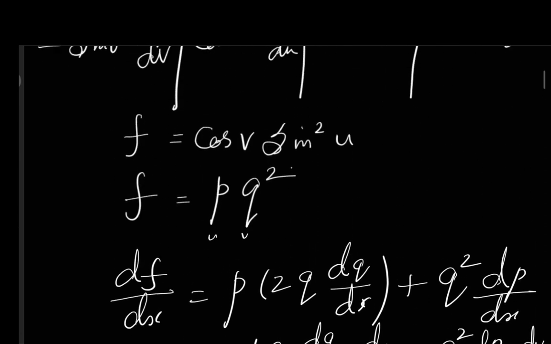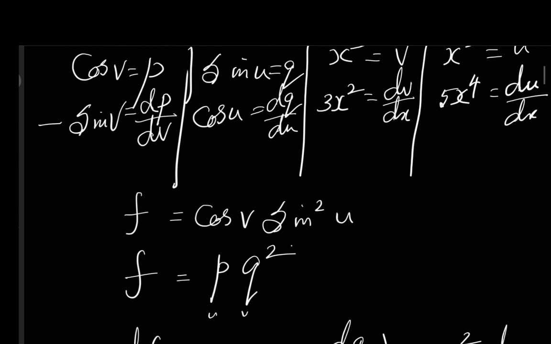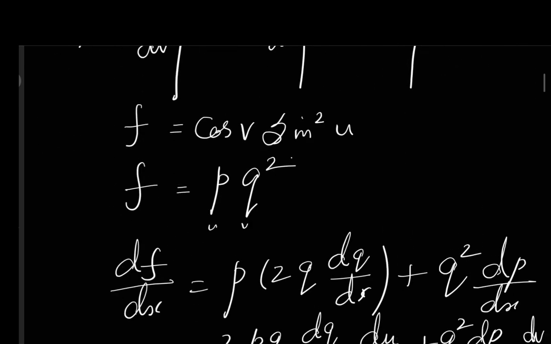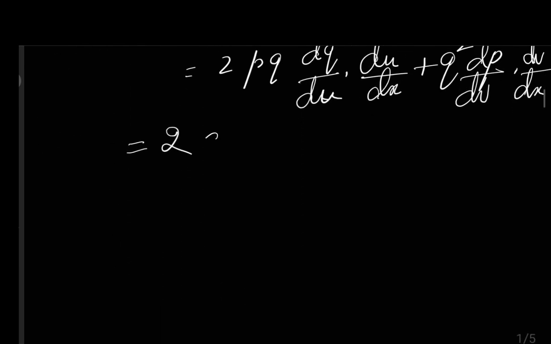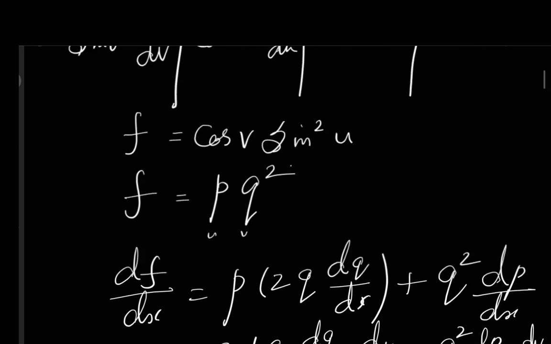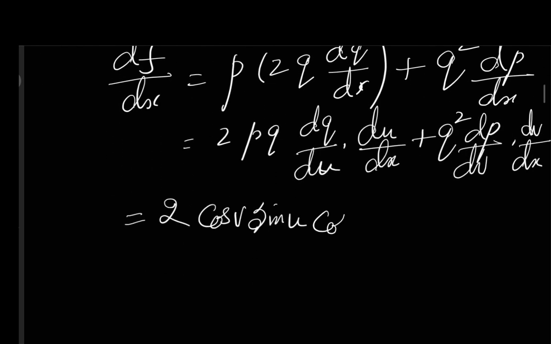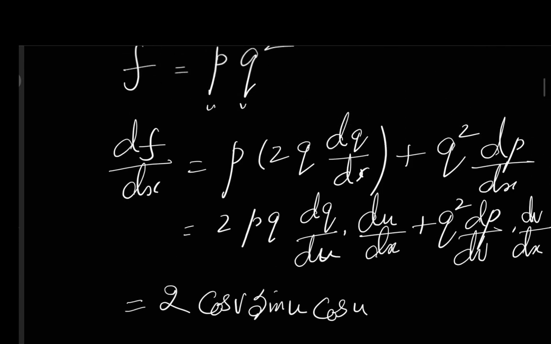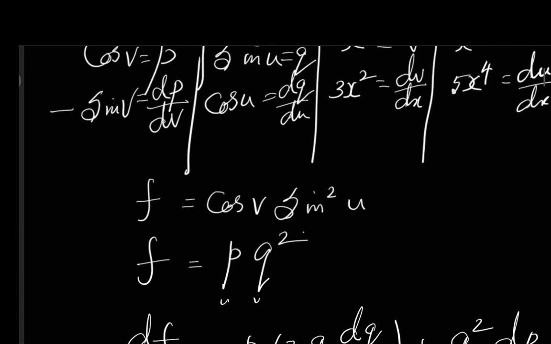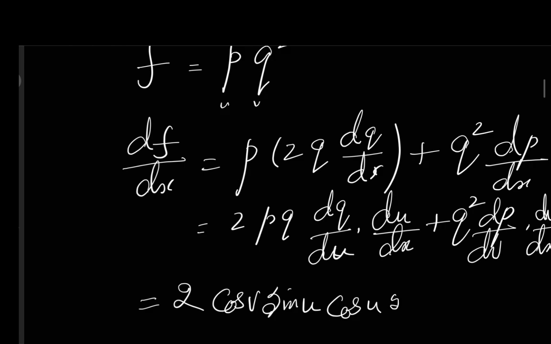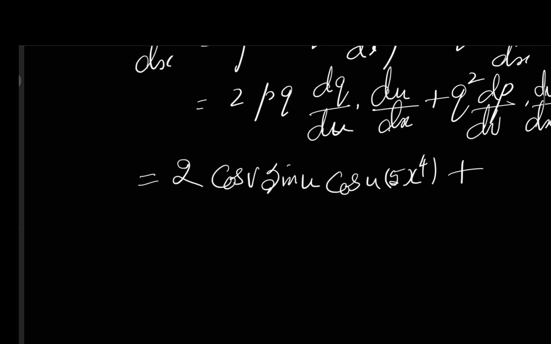2 into, what is p here? P is cos v. Q is sin u. What is dq by du? Cos u. Du by dx is 5x⁴. Plus, what is q?